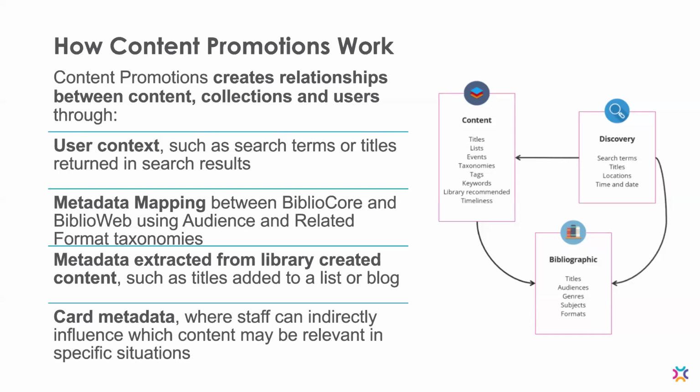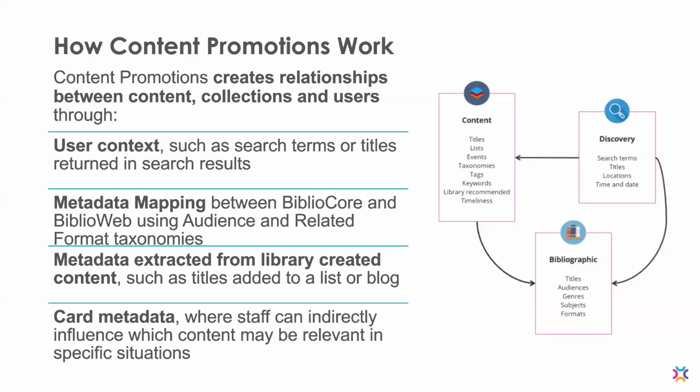We also have the metadata from the content that you are promoting. So if you end up making a staff list and a staff list showcases titles in the collection, we have a lot of metadata there. We have the authors, we have the formats, we have all their subject headings. If you start to blog about something and you use the feature in the blog to add a title or embed a list, now we have more metadata.